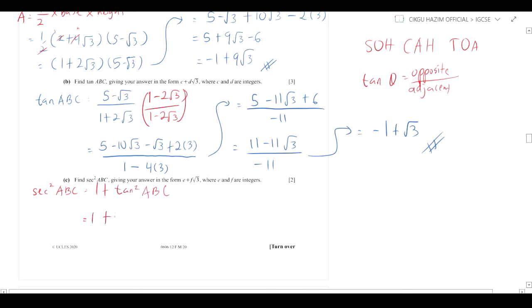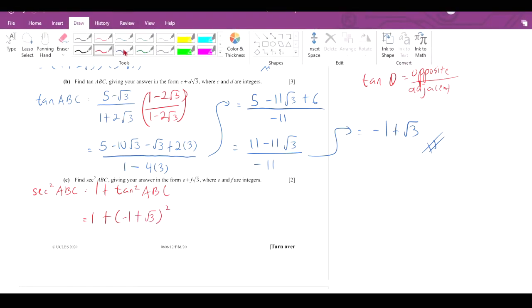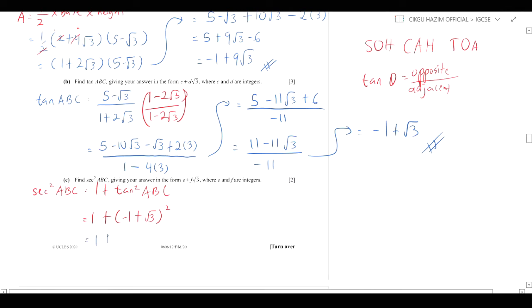So 1 plus tangent square ABC. Tangent ABC, we already get the value: negative 1 plus root 3, and then square it. Okay, then we expand one by one. 1 plus negative 1 plus root 3 multiplied by negative 1 plus root 3. We do it slowly.